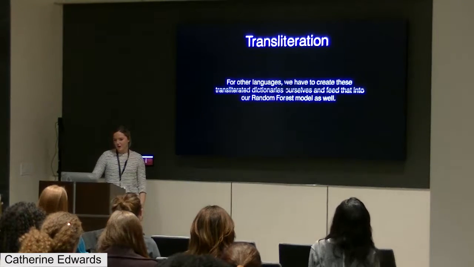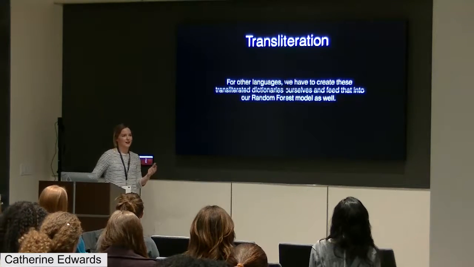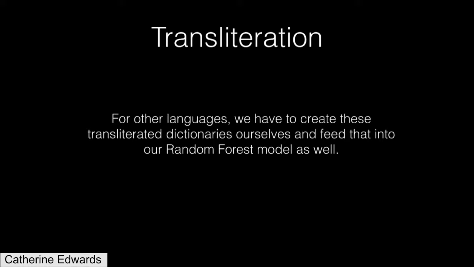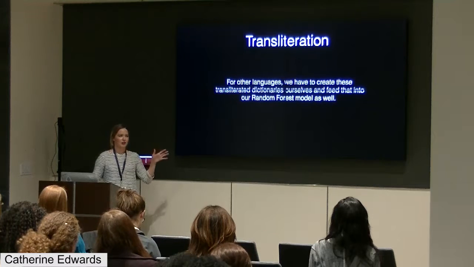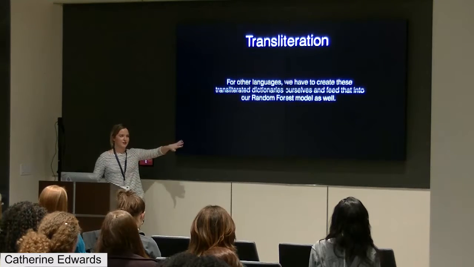So we started to create these transliterated dictionaries from other languages and are feeding that data into our random forest as well. This is not something we've finished by any means. It's a huge undertaking to create these transliterated dictionaries for every single language, but we do have two of them done, and it's something we'd like to continue to work on when we get more time.